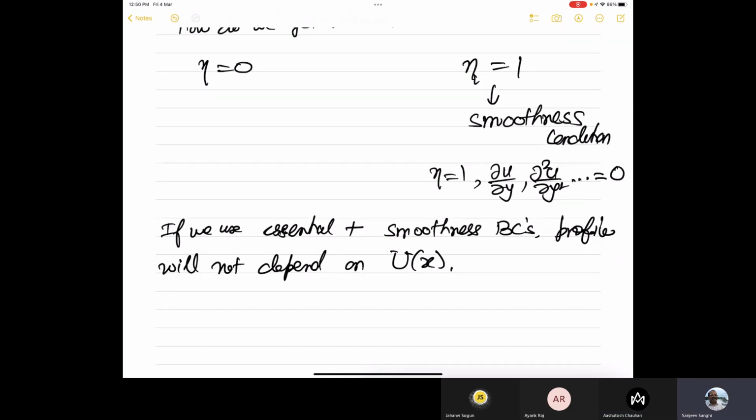So if we want to do this, we need to explore boundary conditions at eta equal to 0.